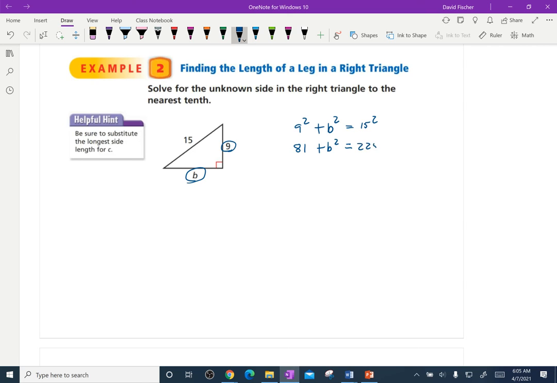We'll put 225. Let's get the b by itself. I'm getting b equals 12.